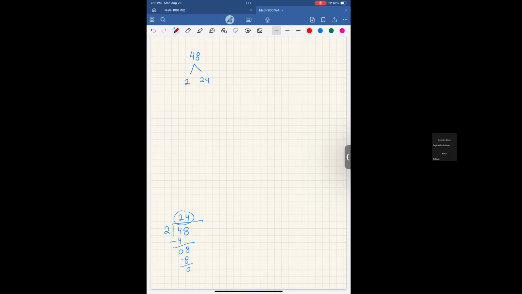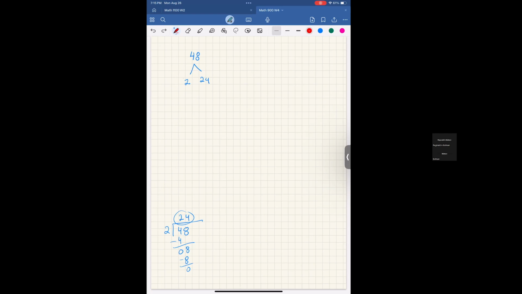We're going to keep looking at these numbers until we can no longer divide by anything other than trivial factors, okay? So if we look at this 2, since 2 is prime, there's really nothing we can do. The only things that divide 2 are 1 and 2, and that's not going to help us, because the only thing we want to list out with the factor tree diagram is the prime factors.